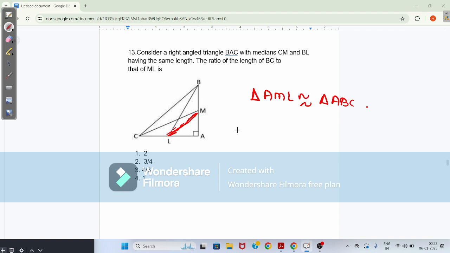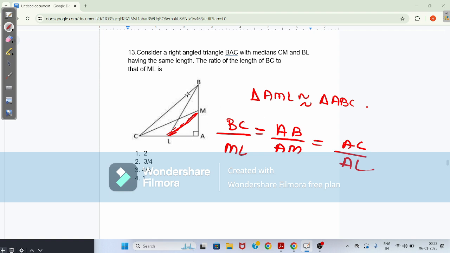The ratios will be BC by ML equals AB by AM, which equals AC by AL. These ratios will be equal. Since a median has been drawn, the median divides the triangle in the ratio 2:1. So this ratio will be 2 by 1, which is the required answer. So 2 is the ratio which has been formed here.